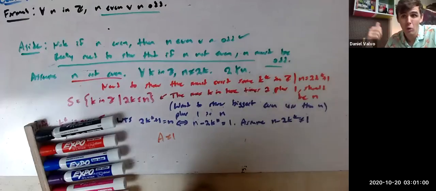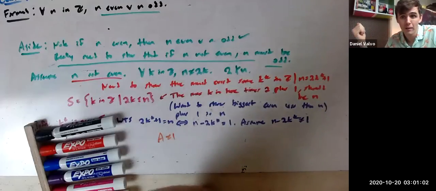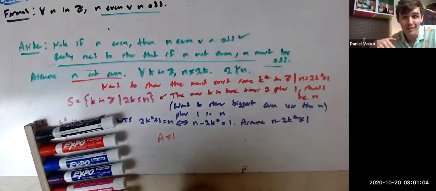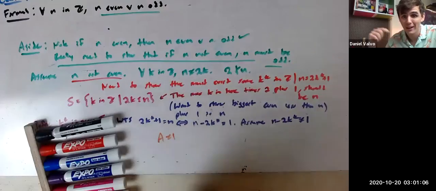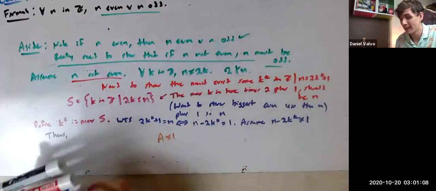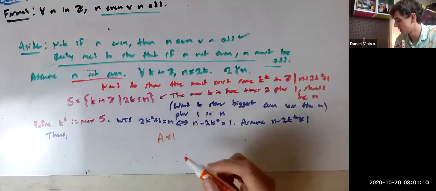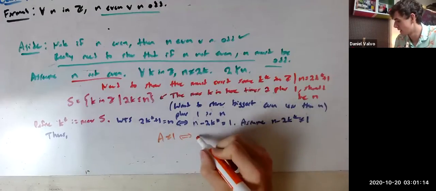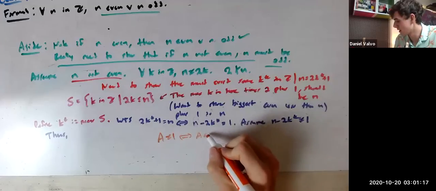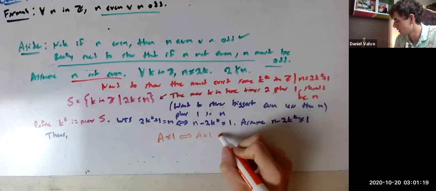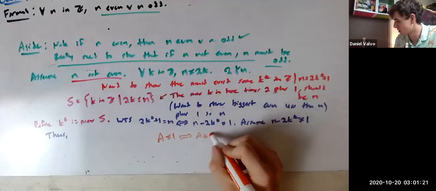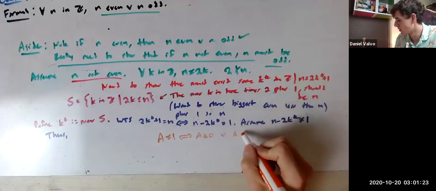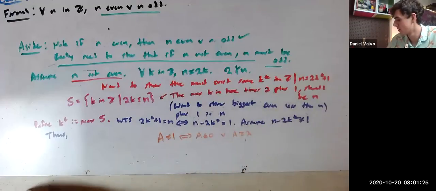You're either older than 4 or younger than 4. Right? If A doesn't equal 1 and A is an integer, this is the same thing as A being less than 1, or since it's an integer, we can say less than or equal to 0, or A is greater than or equal to 2.